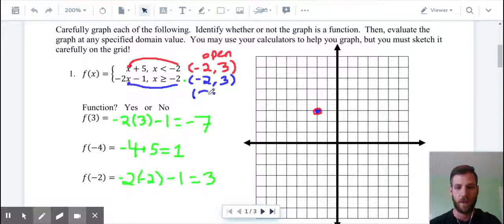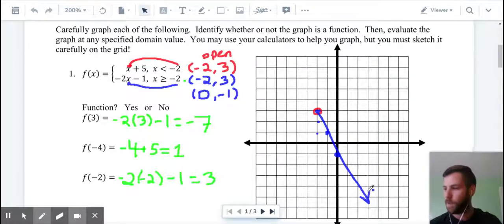So 0, negative 1 would be my next point. So 0, negative 1 is down here. I could also just follow the slope down 1 and over 1 to make that point. And so this would go down like so, with an arrow on the end.